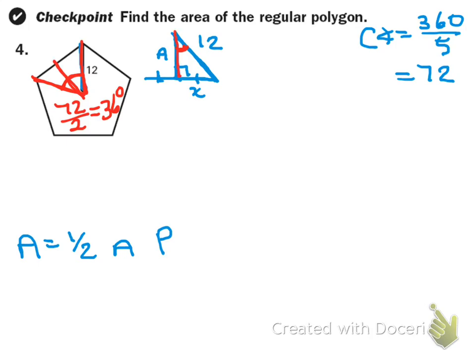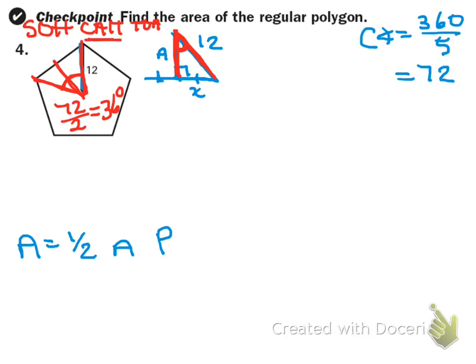Okay. Using your SOHCAHTOA, you can figure out which trig ratio you will need if you're trying to find this side that's adjacent, and you know this side over here, which is the hypotenuse. Adjacent and hypotenuse, you would want to use cosine.